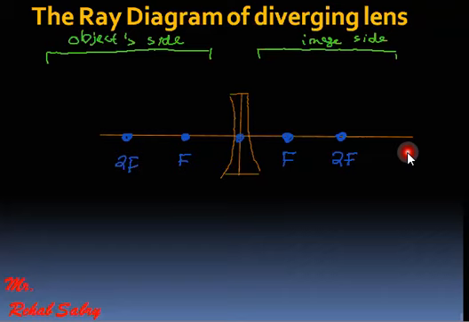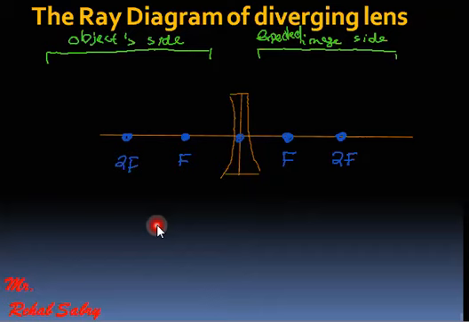So if the image is formed here, we will give its distance, the image distance Q, the positive sign because it's on the normal or expected image side. But if the image is formed here in the object side, it will take a negative sign in its distance, as I'll explain a few seconds later, inshallah.